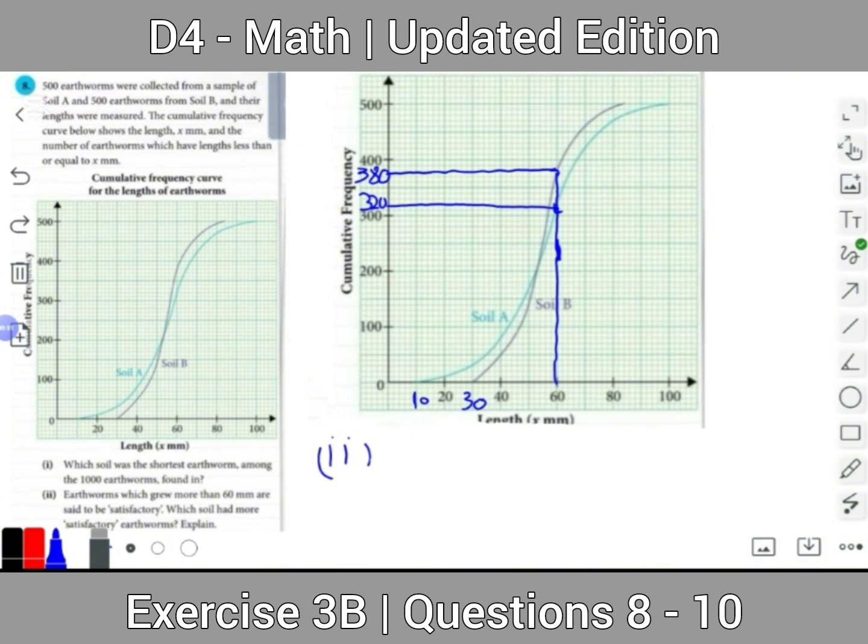Since soil A has the larger value, 180, soil A had more satisfactory earthworms.